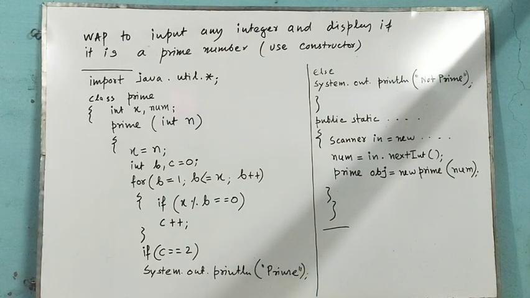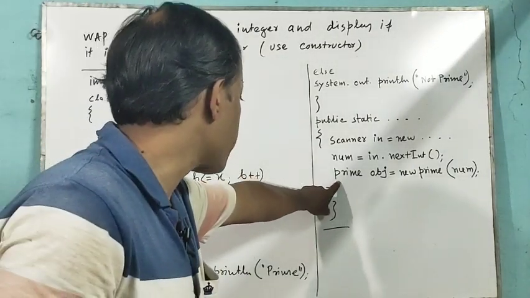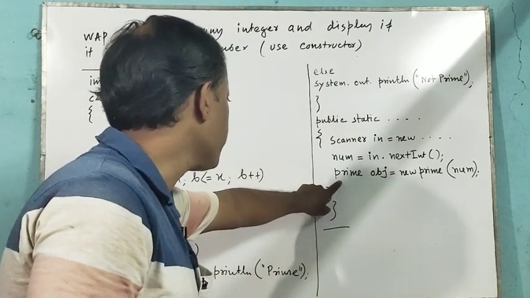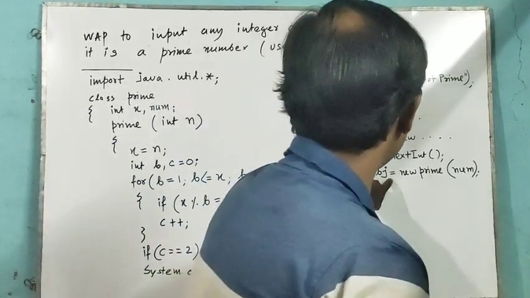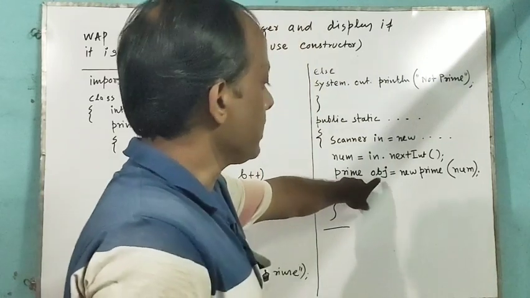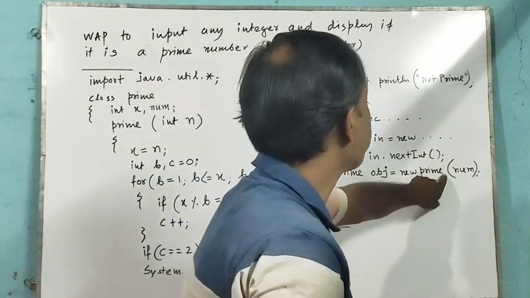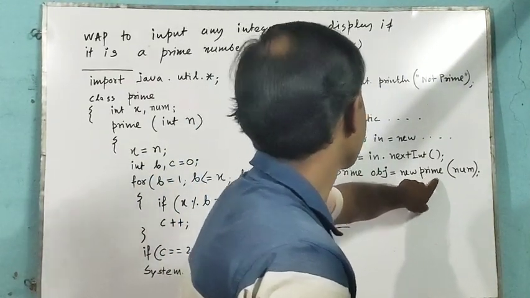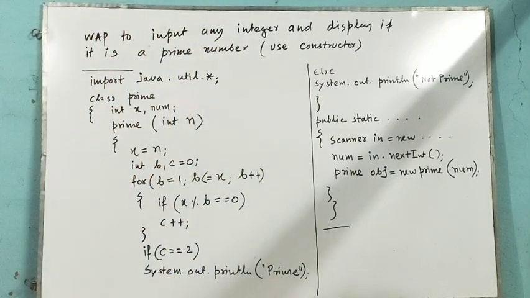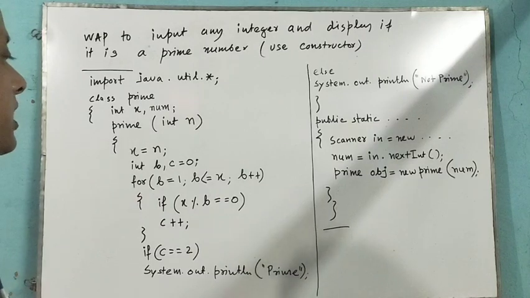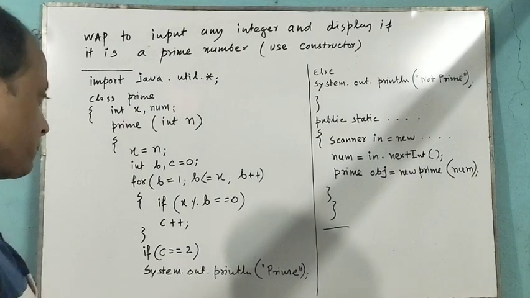Now we are creating an object of class prime. Prime is the name of the class, obj here is the object, and new prime, this prime is the constructor. So prime obj equal to new prime within bracket num means we have created an object of the class prime, and the value num is supplied as the parameter of the constructor.